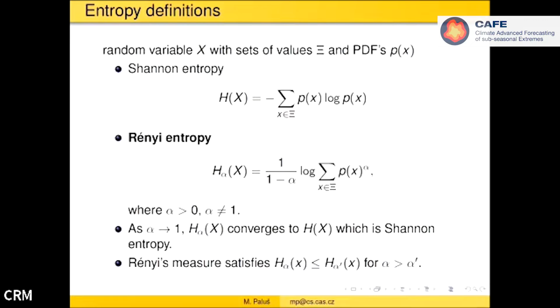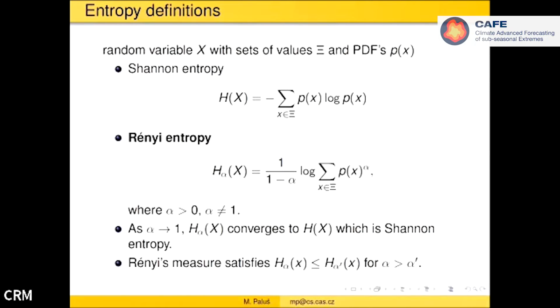We will use so-called Rényi entropy. So this is the definition of Rényi entropy, in which the probability distribution function is raised to the power of alpha, and this alpha is a Rényi parameter. It is interesting that it converges to Shannon entropy for alpha approaching 1.